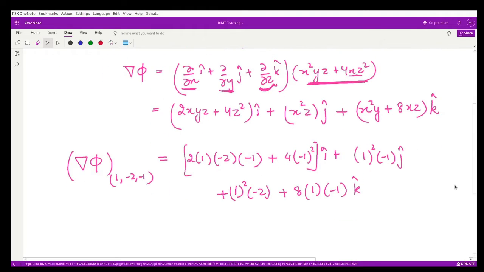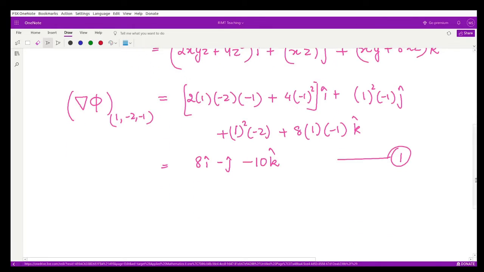So when you solve this, we have two negatives, so it would be 4 plus 4 i cap, so basically it is 8 i cap, and this quantity is minus j cap, and this quantity minus 2 and minus 8, so this is minus 10 k cap. So this is our first thing that is required.